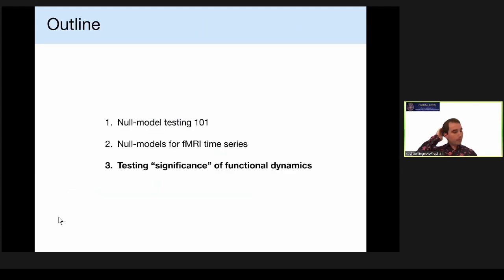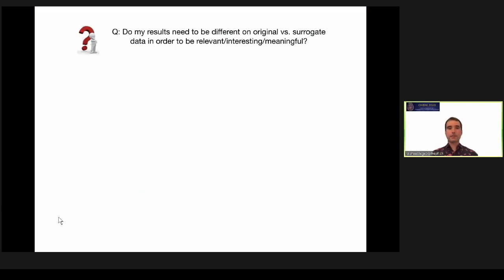Let's now move to the final part of the presentation, which discusses how to interpret the results of null model testing for fMRI time series. Essentially, what a lot of people, including myself, want to answer is: do my results need to be different on original versus surrogate data in order to be relevant from a neurological point of view, for example, or interesting or meaningful?